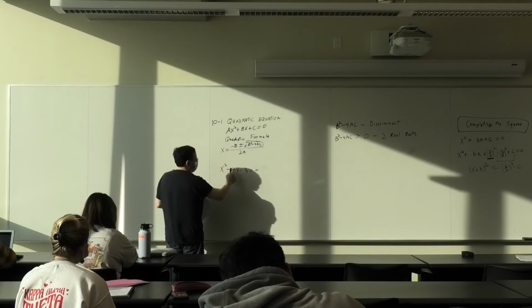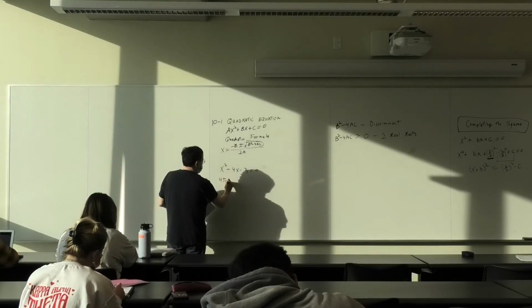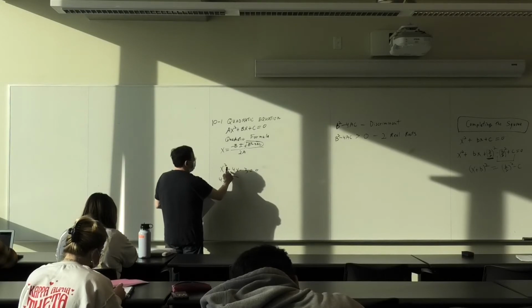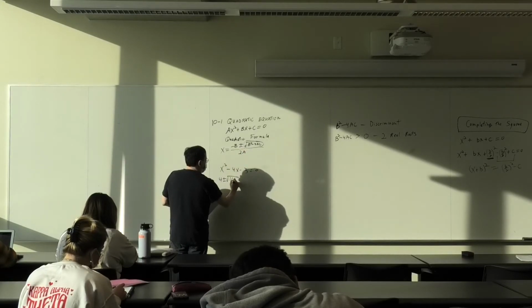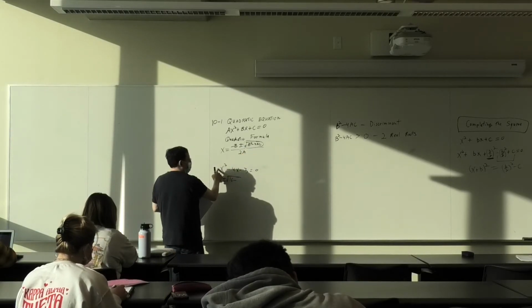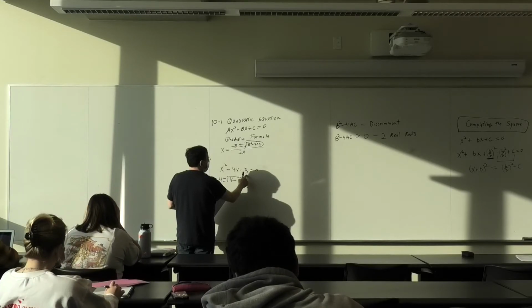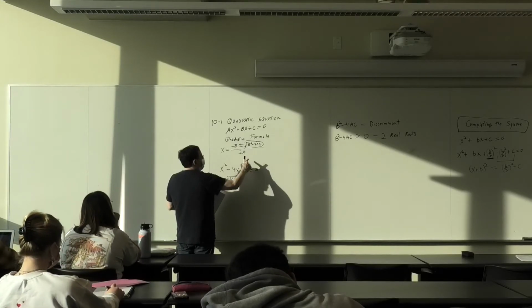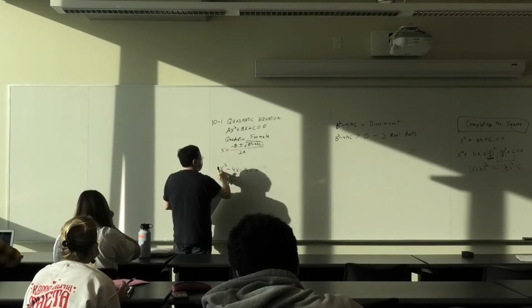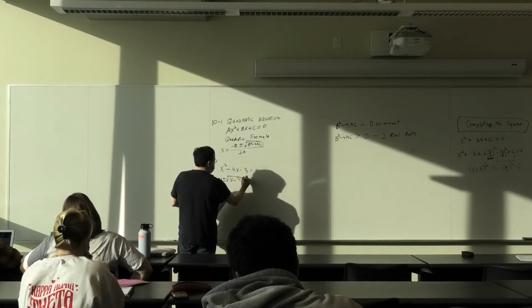Negative b, that's negative negative 4, so 4, plus or minus the square root of b squared, 16, minus 4 times this coefficient 1, this coefficient negative 3. So 4 times 1 times negative 3 is negative 12.